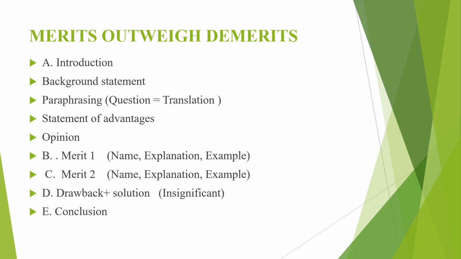And then we have the drawback paragraph with one solution as well, that this can be the drawback for this particular topic, but besides that you should mention one solution for it. And the last one is the conclusion paragraph. Again, I'm mentioning that we will discuss all these things in detail when I upload separate essay types with the handwriting and all the do's and don'ts of that particular essay type.